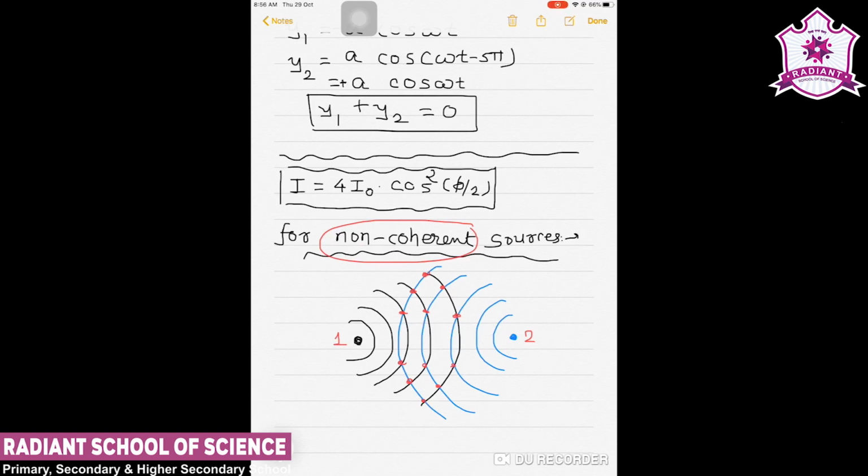So in actual, both the needles situated at 1 and 2 are moving with a different pattern. Then what will be the condition? That condition is considered for non-coherency, and in that condition the positions of maxima and minima will vary rapidly with time and we will see a time average intensity distribution.